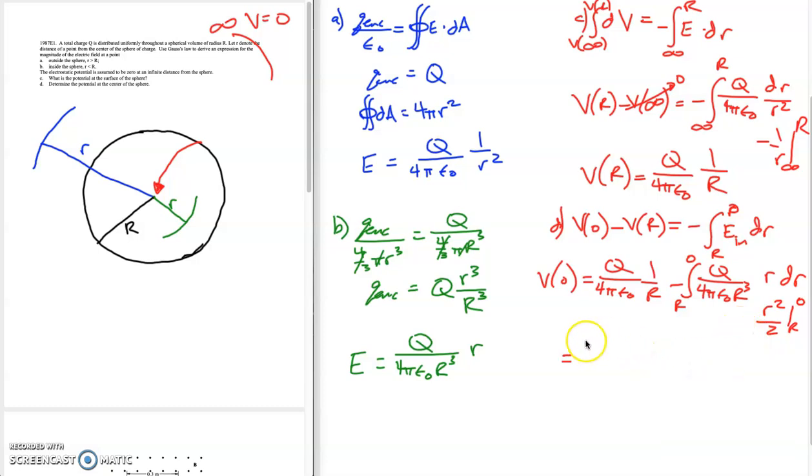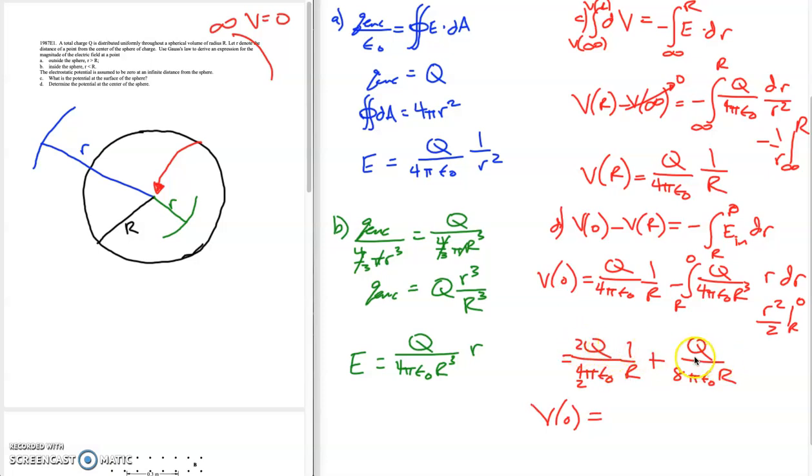So we're going to have Q over 4 pi epsilon naught 1 over R, and the minus from the lower limit and the minus from the integral is going to become a plus, Q over 8 pi epsilon naught R. So we're going to have to multiply that one by 2 and that one by 2.